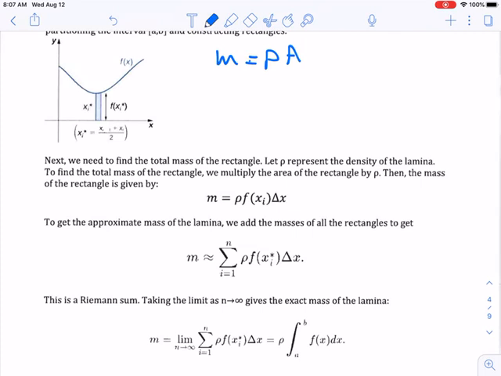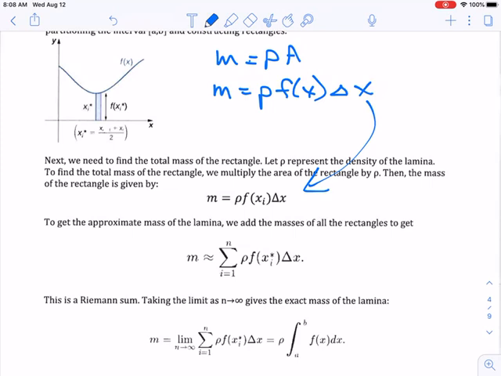It's given to us. And then we can find the area of the rectangle just by taking the length times the width. So the length of the rectangle is the function value, and the width of the rectangle is delta x. And so that gives us density times f of x sub i times delta x. That gives us the mass of one of these little rectangles.